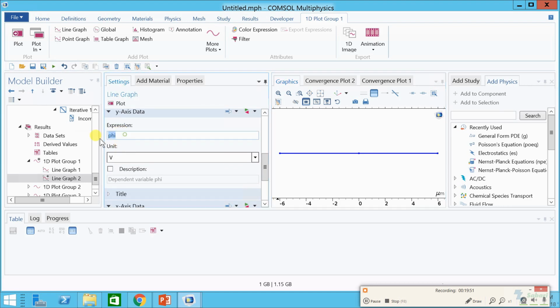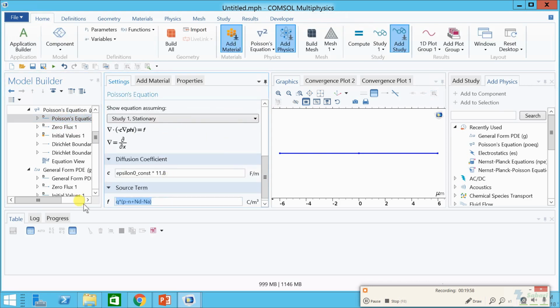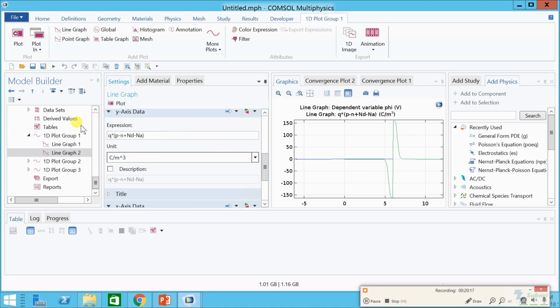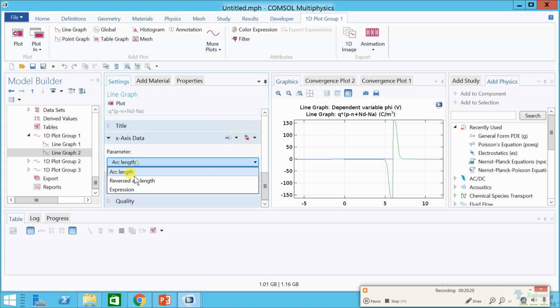The space charge is nothing but the value we entered in the Poisson equation, the source term. The Poisson equation is called space charge, and we're going to insert it over there. Okay. And the expression is this expression. Just got it. That's it.